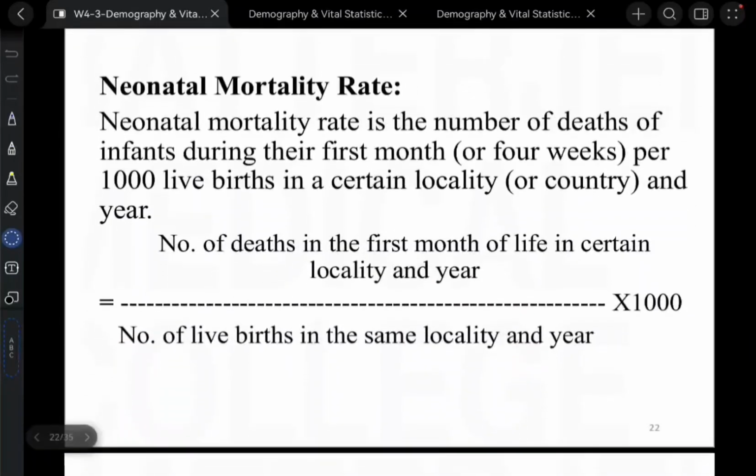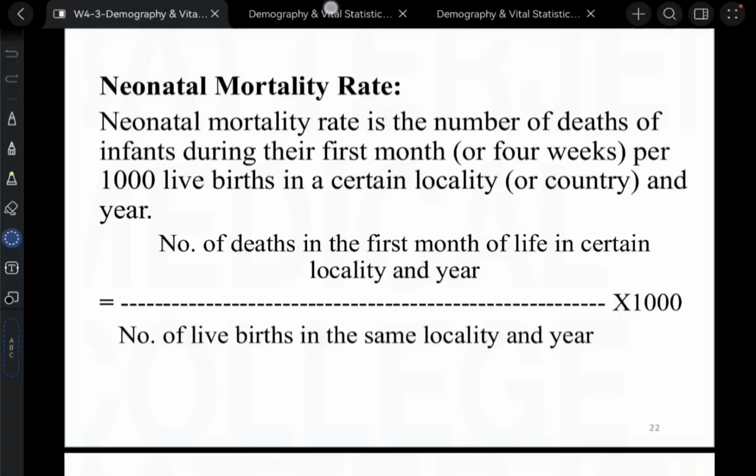Now the neonatal mortality rate, the NMR. What's neonatal? The neonatal mortality rate is the number of deaths of infants during their first month, so from birth to the end of the fourth week, per 1,000 live births in a certain locality or country and year.